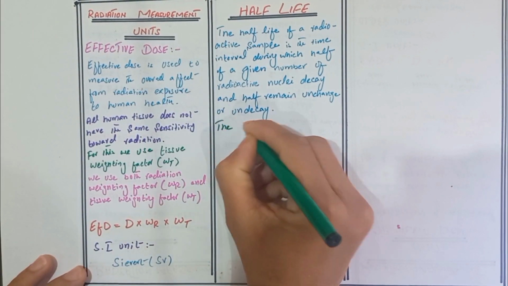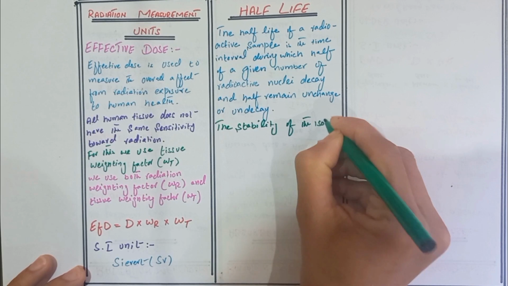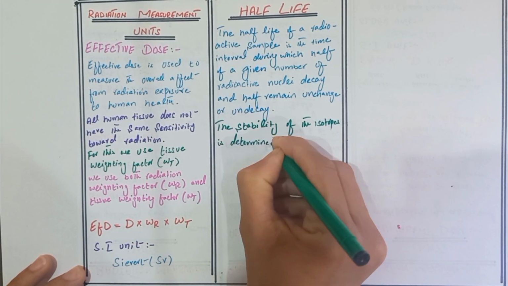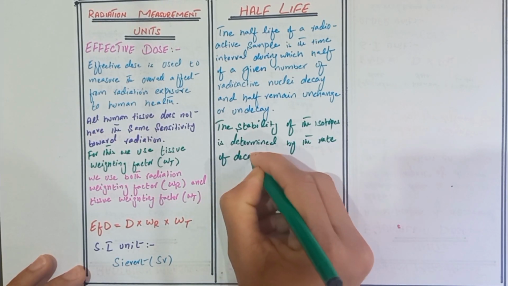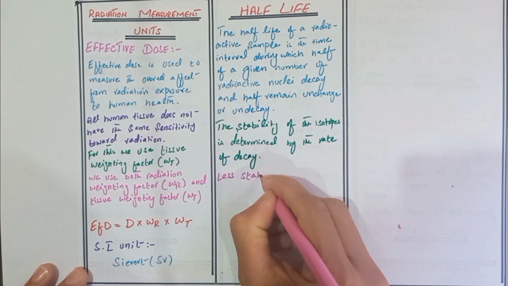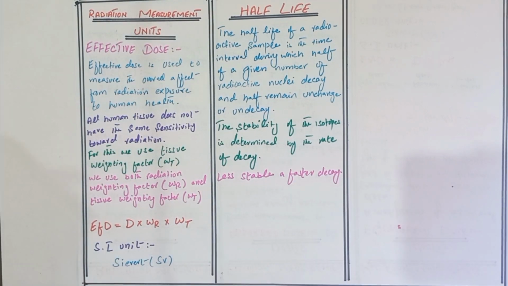The stability of the isotopes is determined by the rate of decay. Less stable, a faster decay.